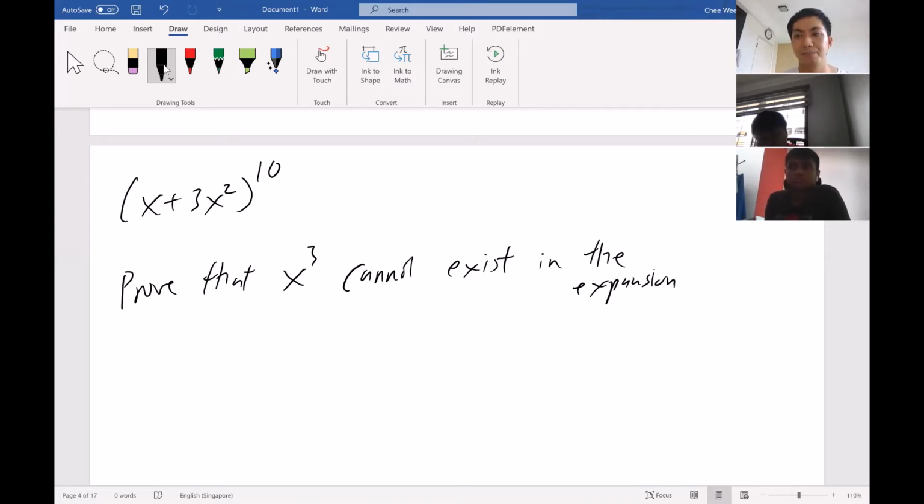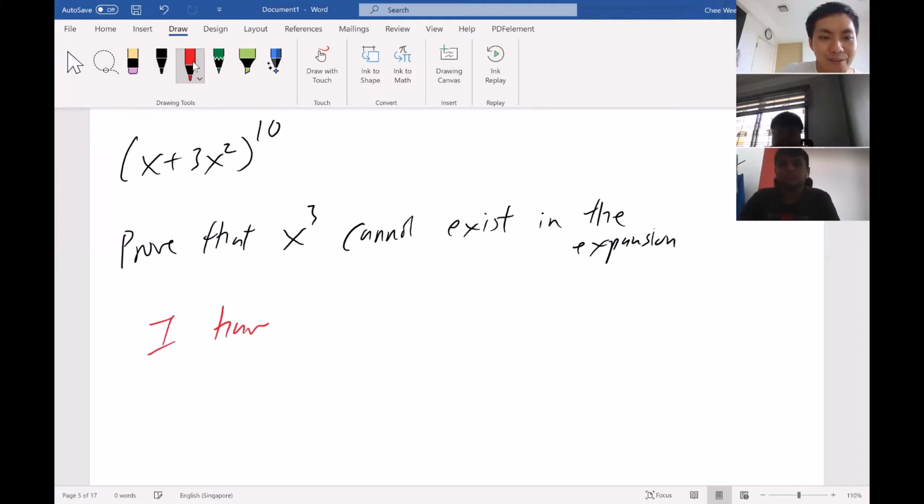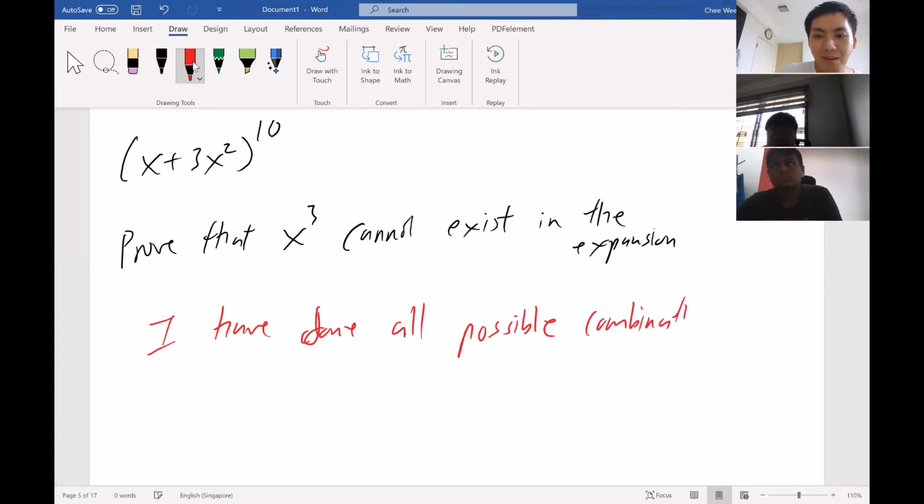Now, for this kind of question, when you are supposed to show that something cannot exist, you cannot do the trial and error method. Because with trial and error, you are supposed to construct it, but you cannot write an answer like, oh, I have done all possible combinations and x cubed doesn't exist.